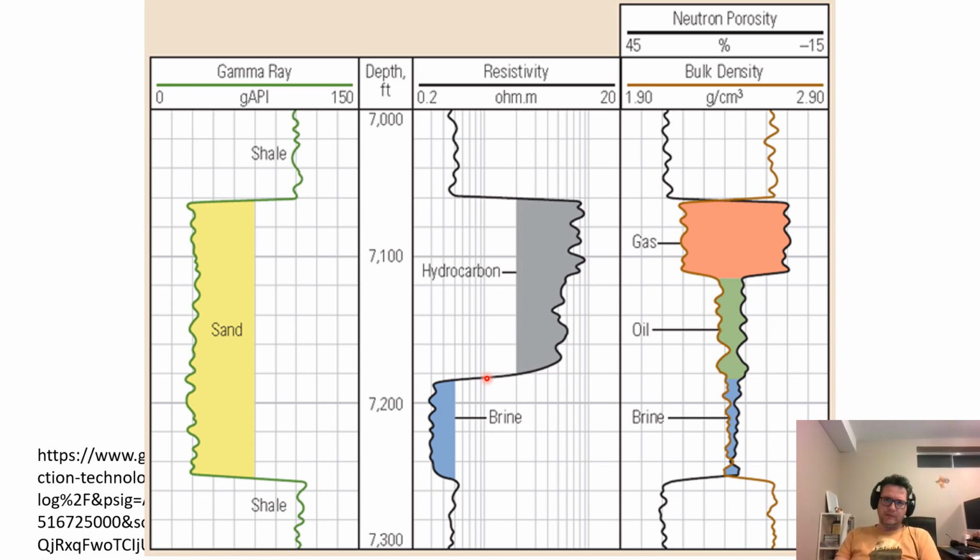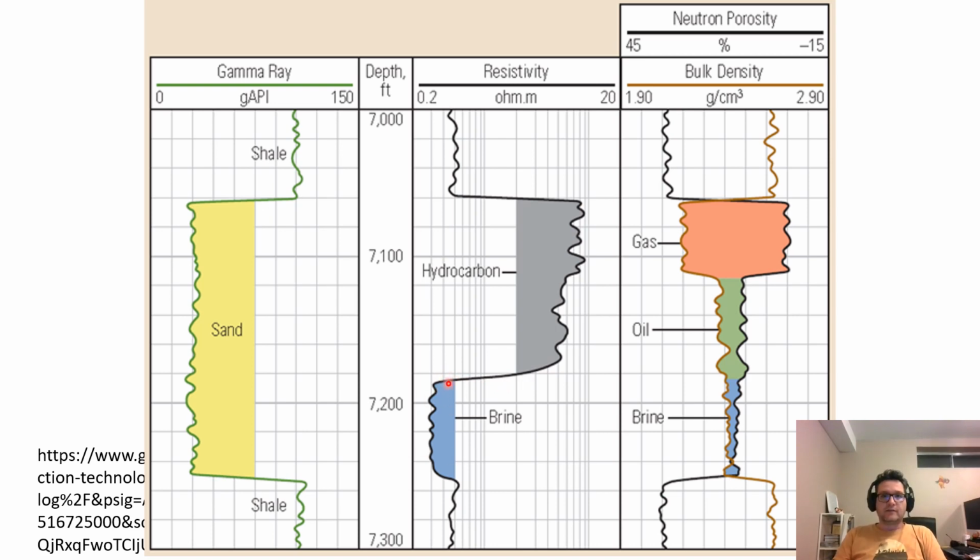So if we have an oil contact like this, it's because the water is brine, is salt water, with the higher the separation, the higher the concentration of salt in the water.